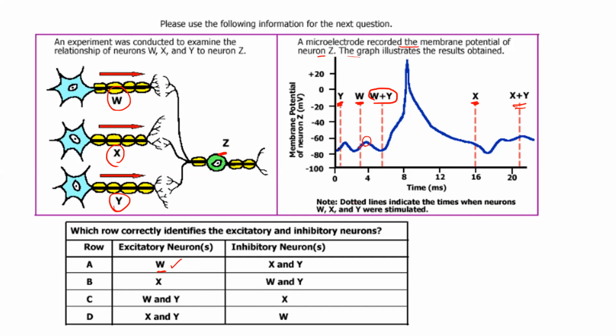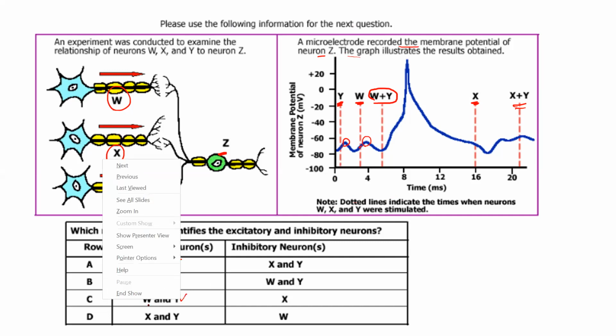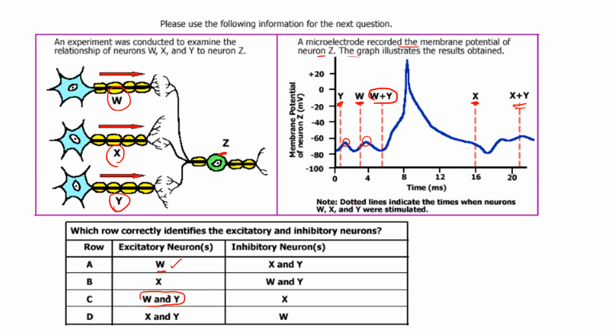How about Y? When neuron Y stimulated, it causes depolarization. So neuron Y is also excitatory. How about X? When X stimulated, it causes hyperpolarization. So the best answer I see there is C.